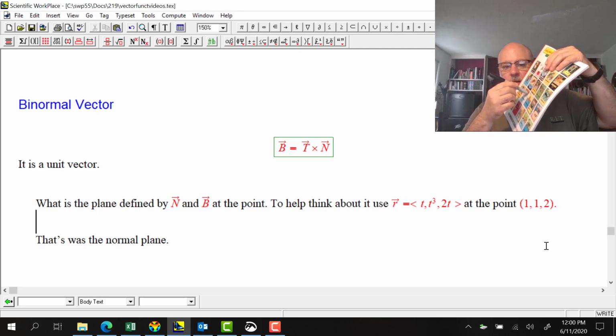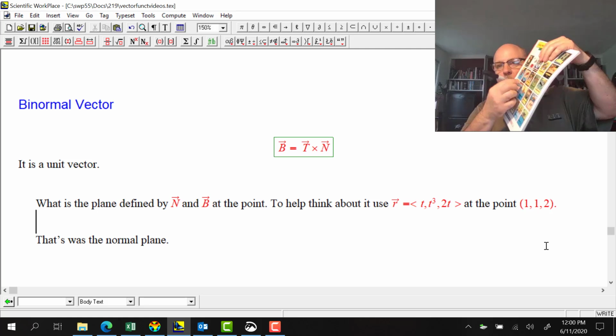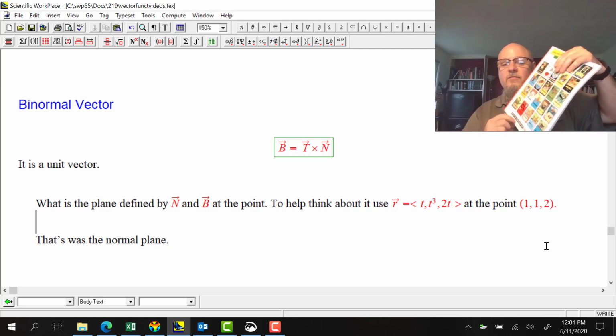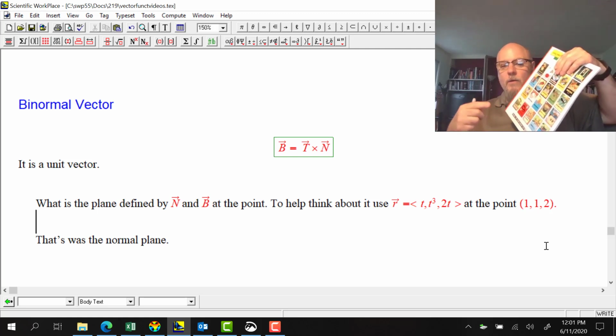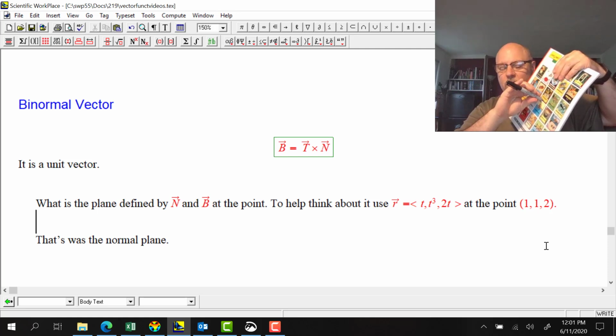That would be T. You've got N, which is perpendicular to T, and B, which is perpendicular to them both. All we need for a plane is 2 vectors and a point. So if I want the scalar equation of a plane, then just the T vector gives me the normal vector to the plane. But the normal to the curve lies in the normal plane.